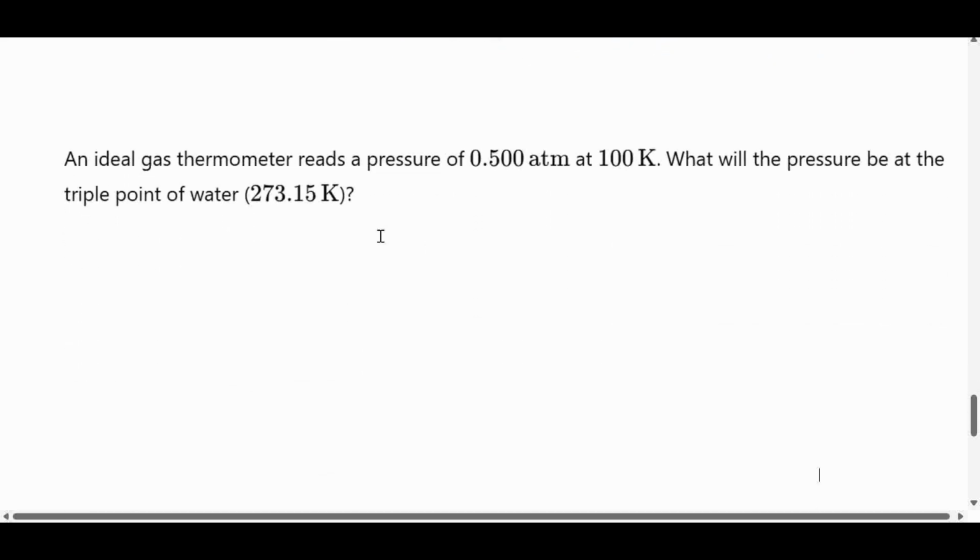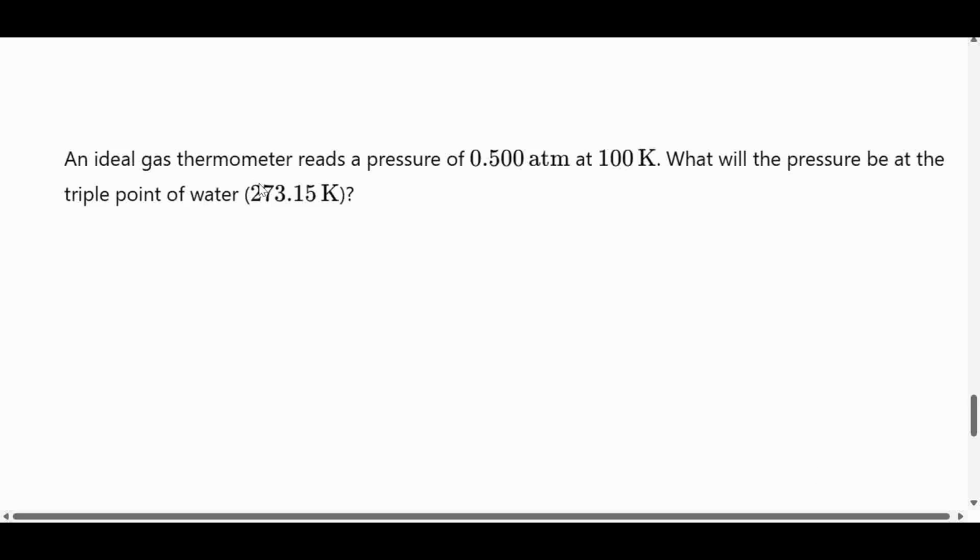Now we have another problem. An ideal gas thermometer reads a pressure of 0.5 atmosphere at 100 Kelvin. What will the pressure be at the triple point of water? So the question is, what would be the ideal gas thermometer pressure at the triple point of water temperature?